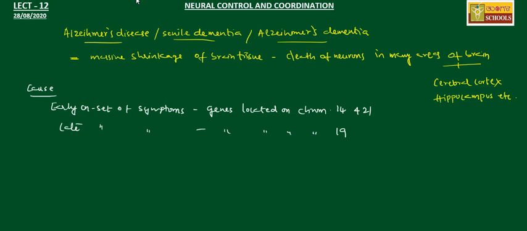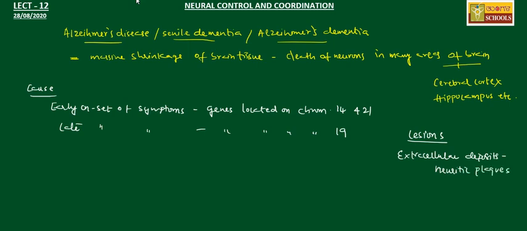These lesions contain extracellular deposits called neuritic plaques.